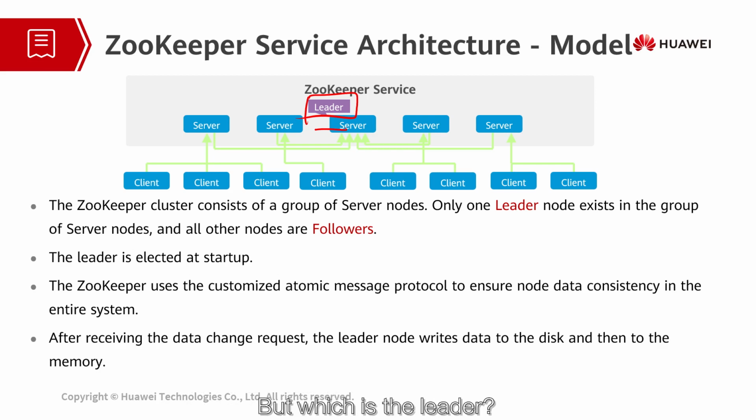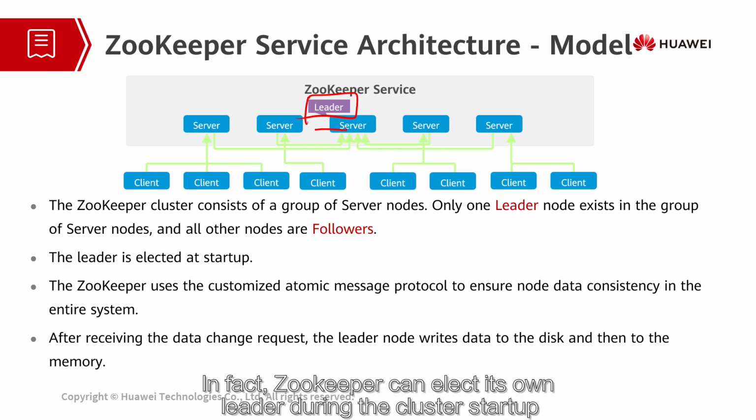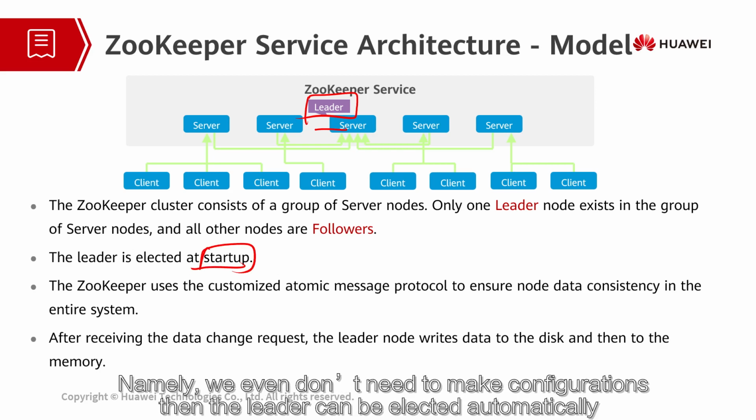But which is the leader? In fact, ZooKeeper can elect its own leader during the cluster startup. Namely, we don't even need to make configurations. Then the leader can be elected automatically.